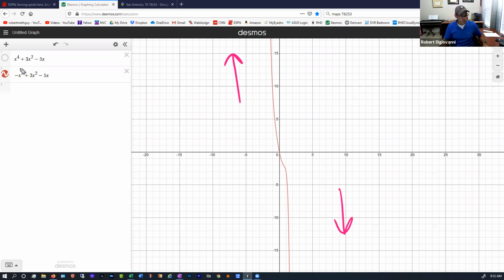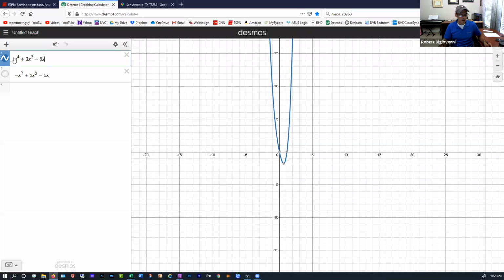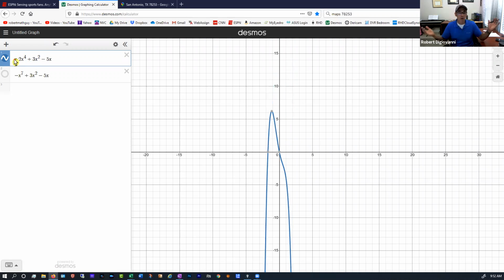So let's do the even degree. There we go. If I put a number in front of it, like 3, it doesn't change much. 6 doesn't change much. -2, whoa, big change, right? Big change.